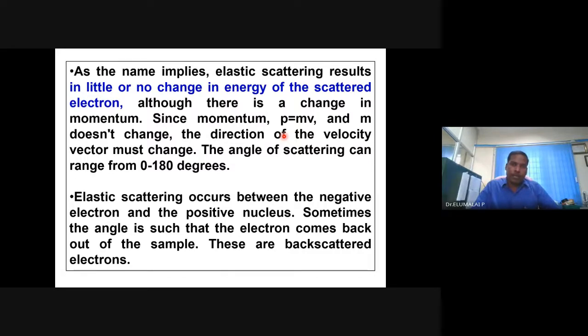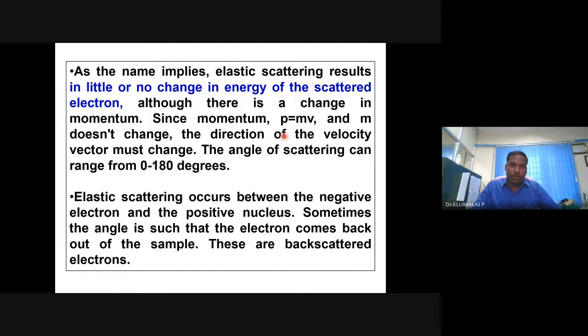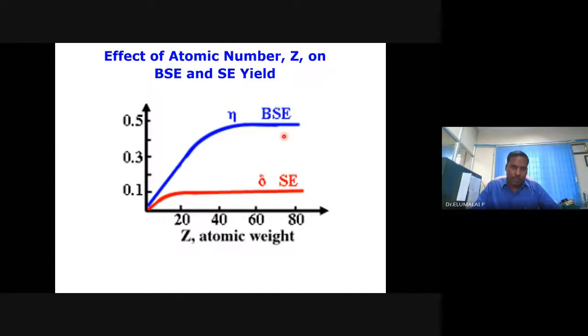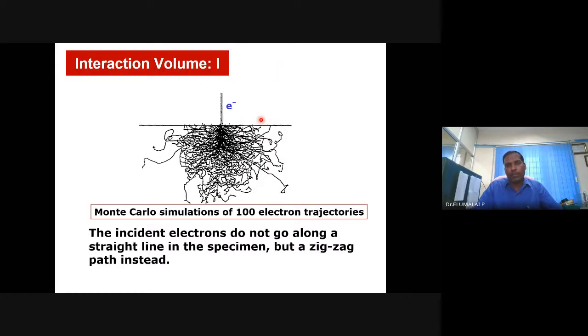It all depends on the atomic number of the elements present in the sample, whether you are going to get a very high secondary electron intensity or backscattered electron intensity. The secondary electron intensity is almost independent of the atomic number, whereas backscattered electron intensity is highly dependent on it. Maybe beyond atomic number 60, 70, it is difficult, but less than that, we'll be able to distinguish the elements present.